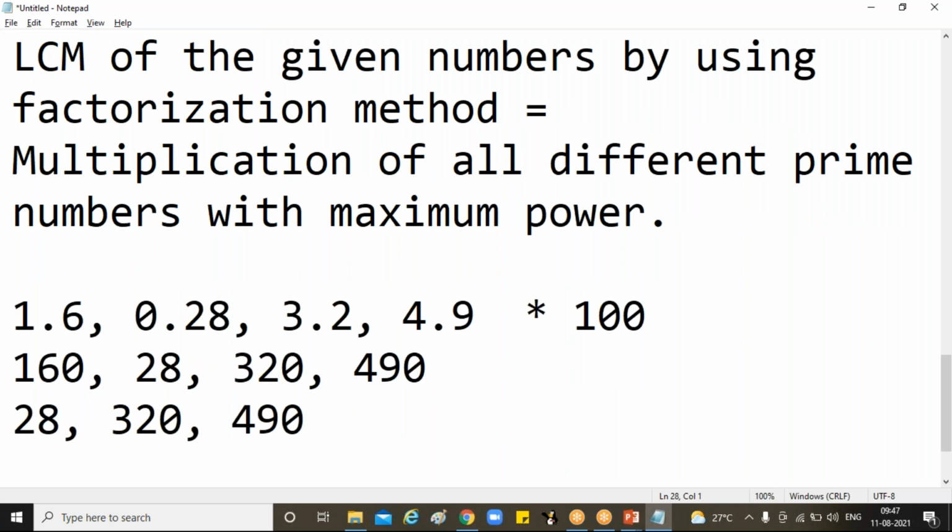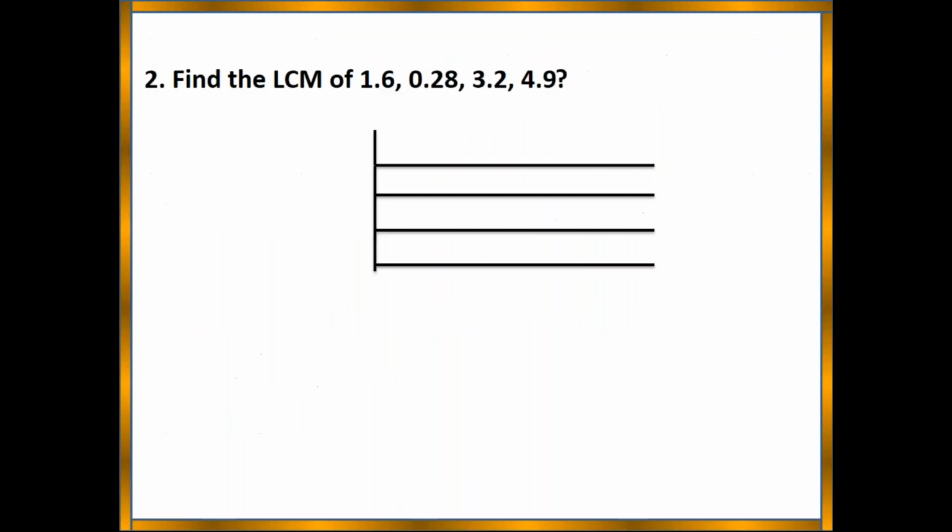There is no change in the answer. 160 is a factor of 320. So write down 160, 28, 320, 490. Go with your own simplification. Once you understand the concept, no problem. If you want to take 160, you can take it, no problem.